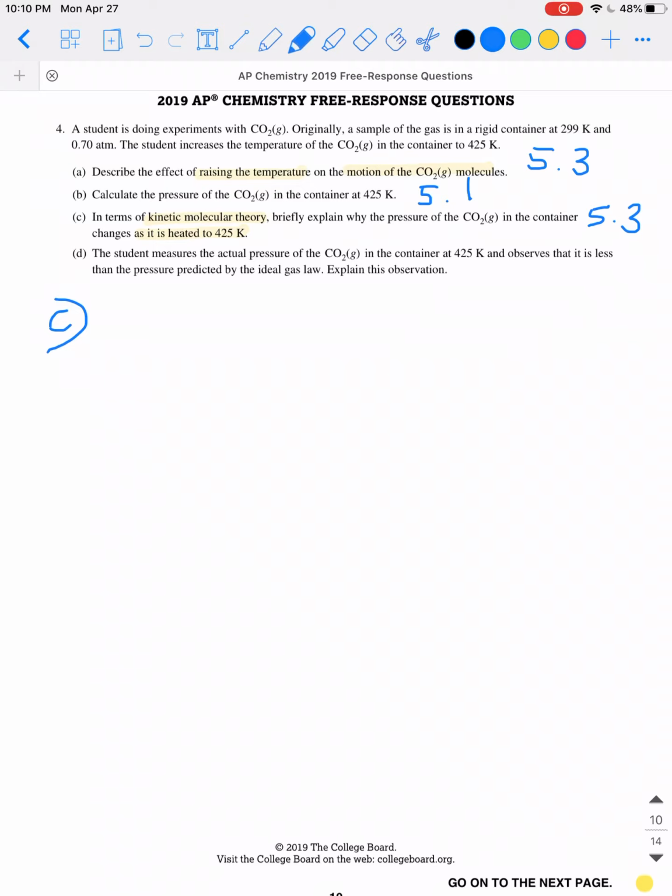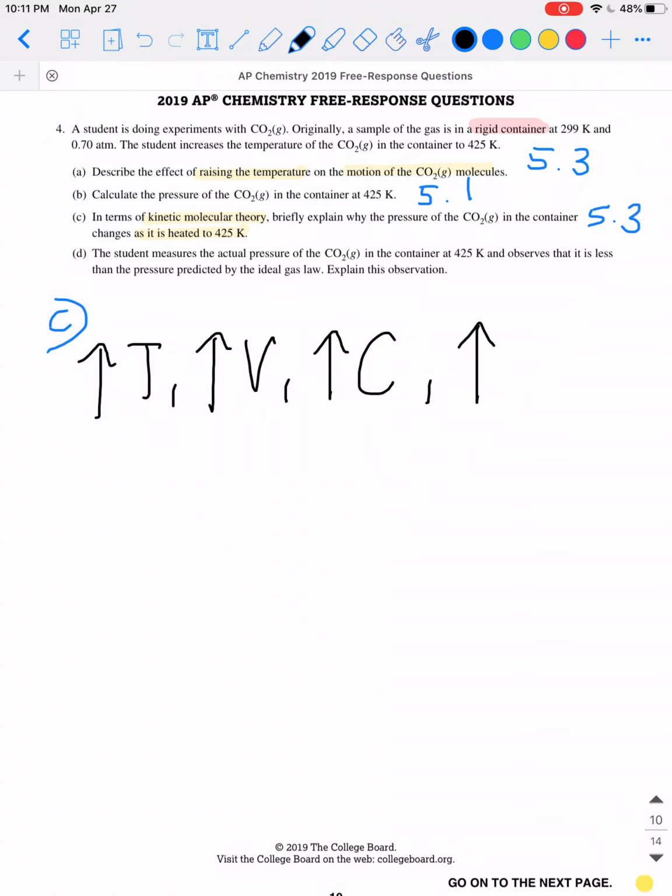So because we know that the container is a rigid container, we can say that the increased temperature resulted in increased velocity, which resulted in more frequent collisions that also occurred more forcefully. And this all in all resulted in increased pressure within this rigid container.